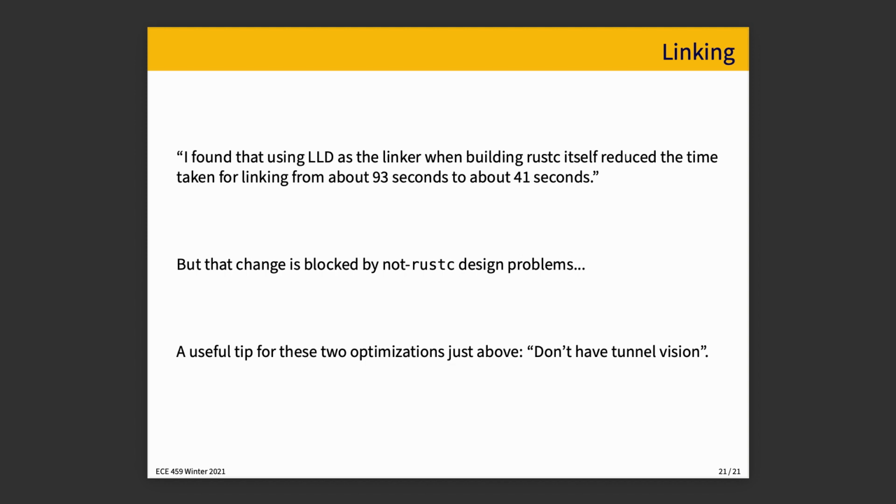The linker on Unix or Linux has to be invoked through the system C compiler, and you can only choose the specific linker that you want through your compiler if you have a version of GCC that's version 9 or higher, that sort of thing. So a useful tip for these kinds of optimizations is don't get tunnel vision.